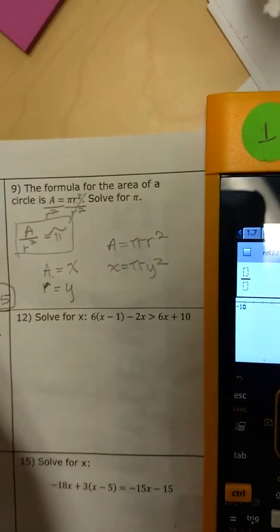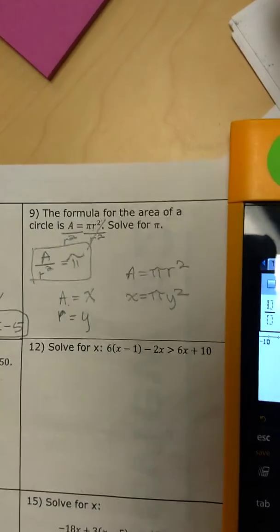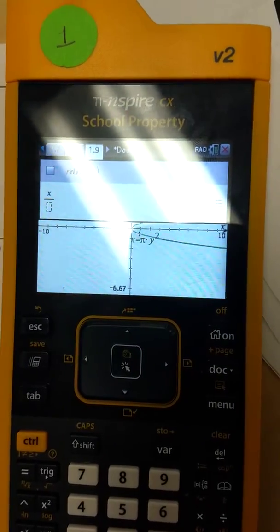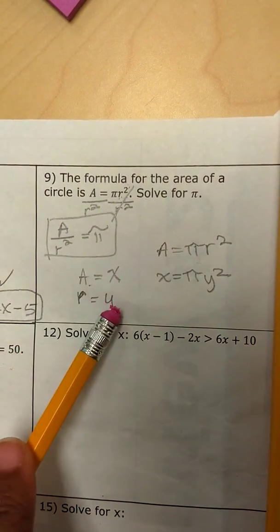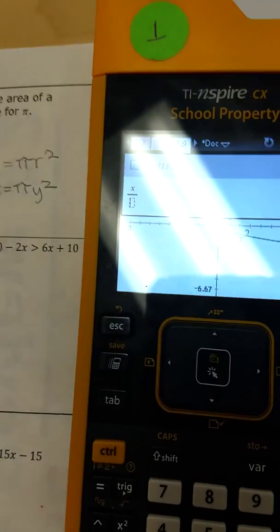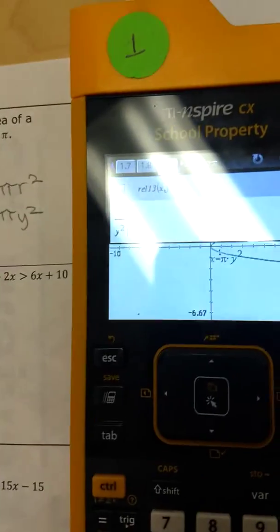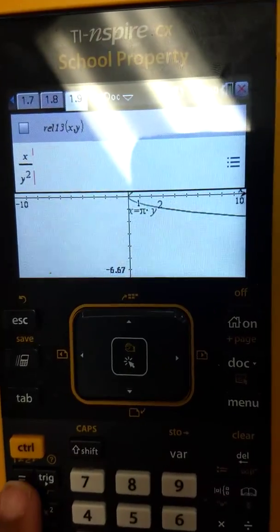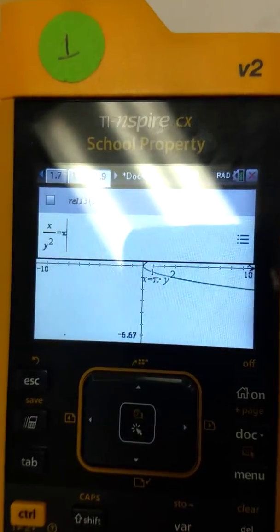So my answer was this, and instead of putting a, I'm going to put x. And I had an r, but instead of r, I'm going to put y. So equals, and again, pi is down here. Enter.